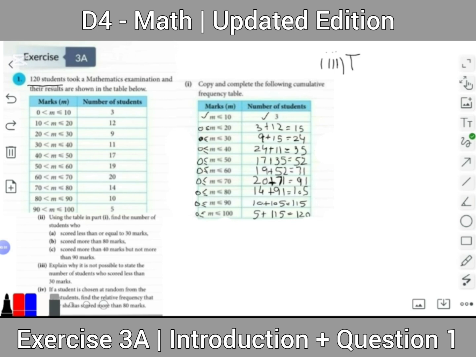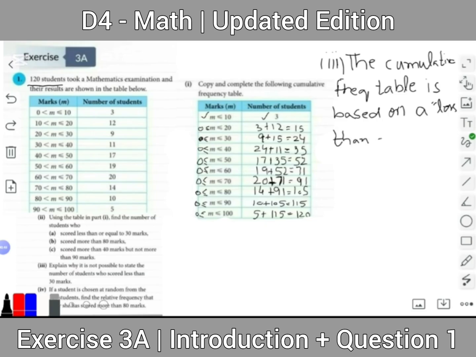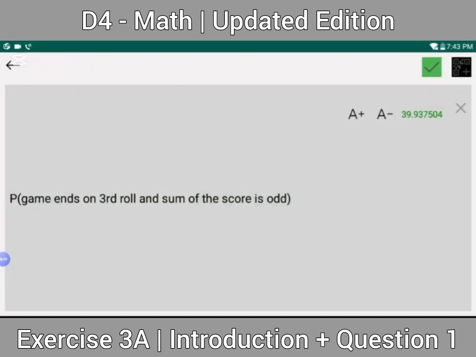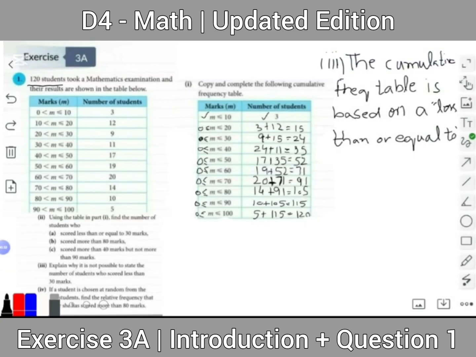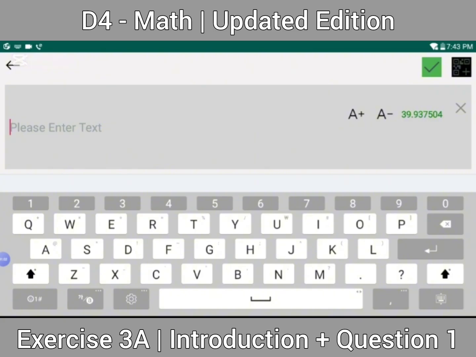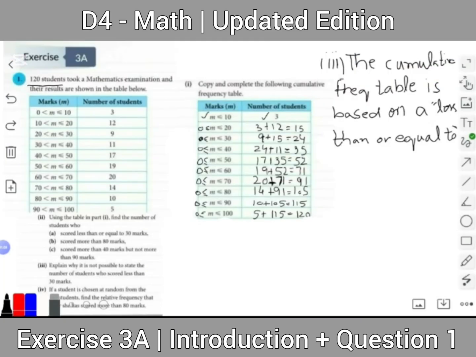So the cumulative frequency table is based on a less than or equal to frequency.